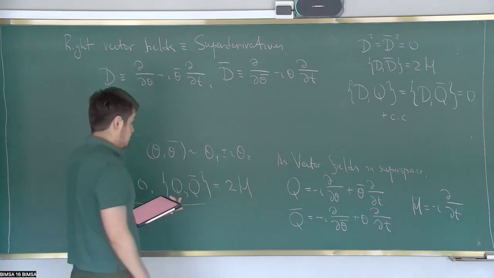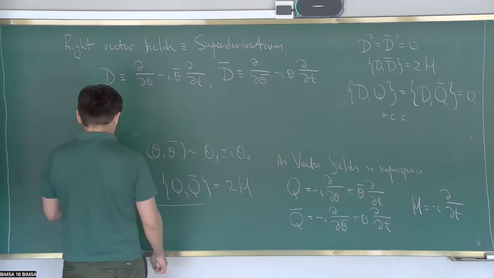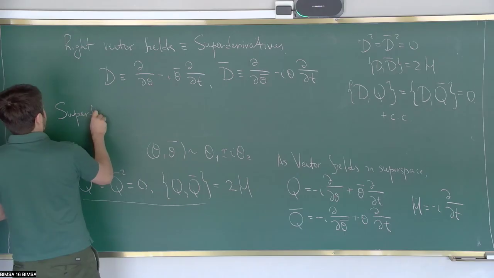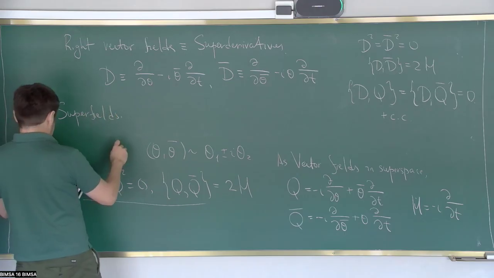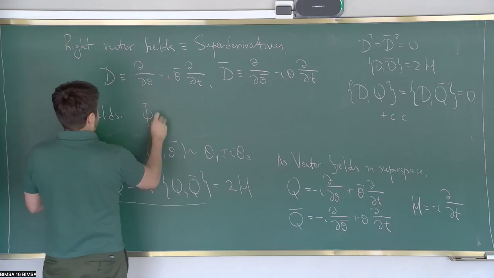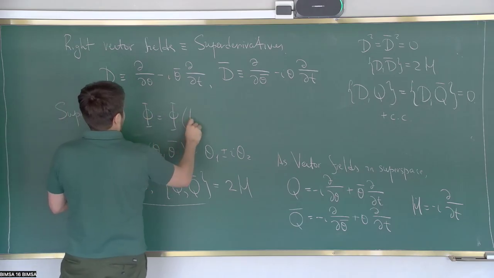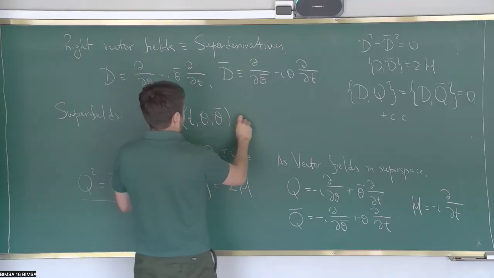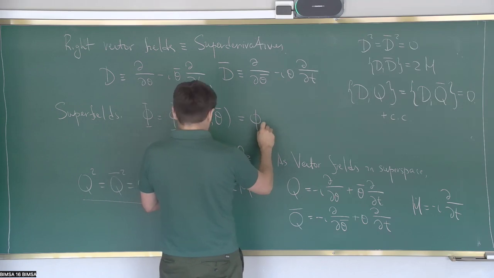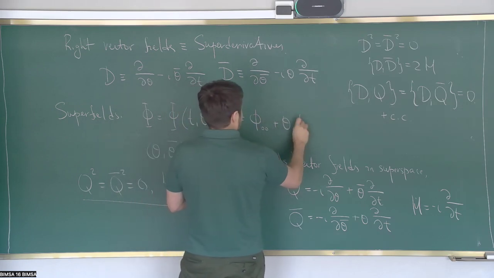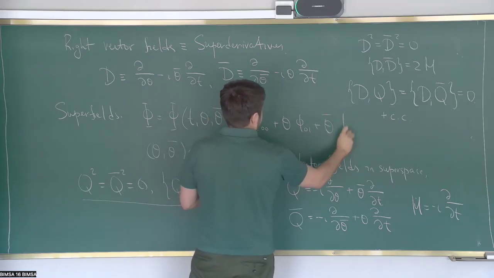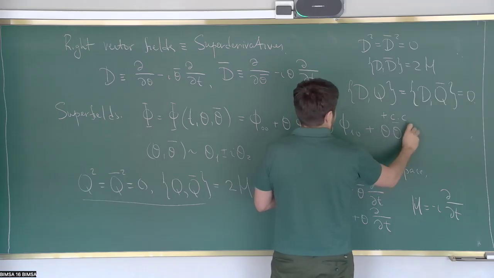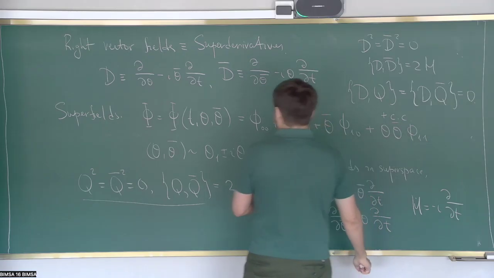The superfields now are functions of t, theta and theta bar. So superfields: let's call it phi equals phi 0,0 plus theta phi 0,1 plus theta bar phi 1,0 plus theta theta bar phi 1,1.